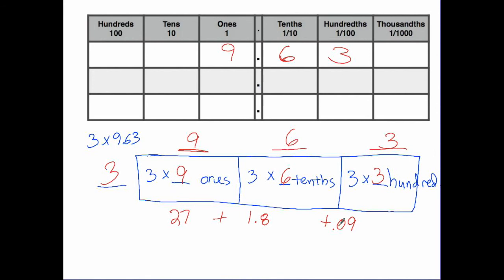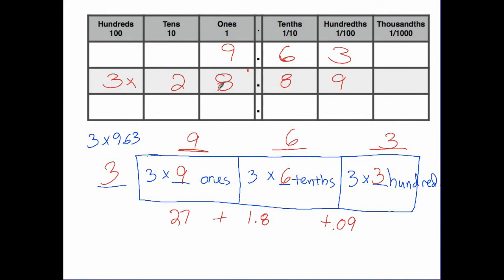Or you could do the shortcut way. Three times 3? 3 times 6? 18. What do I do with my 1? Carry it over here. 3 times 9, plus 1. That's fast.